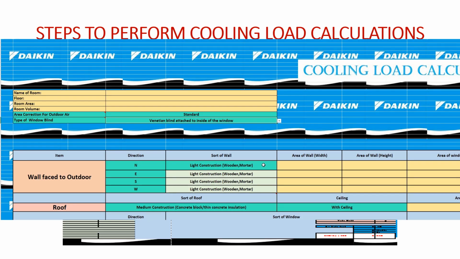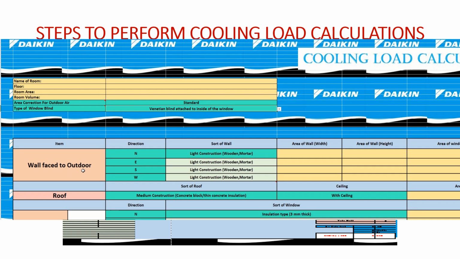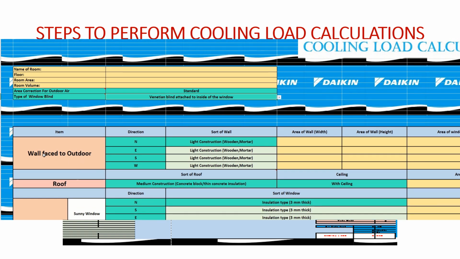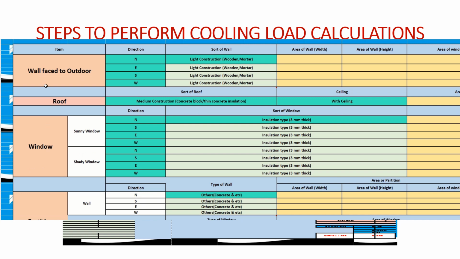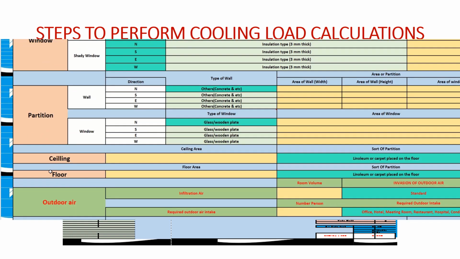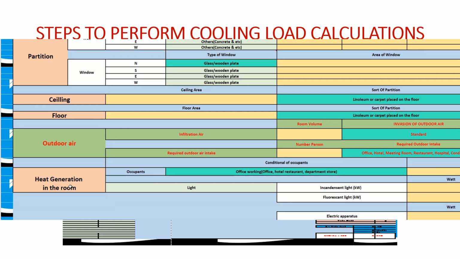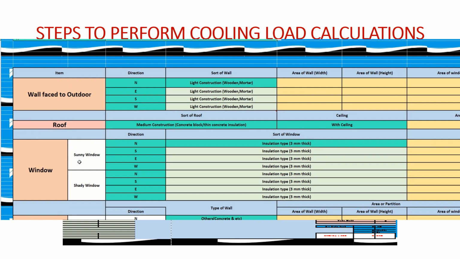As you can see here, the cooling load calculator for Daikin. For here, we start from the items. We have many items here, which are wall facing outdoor, roof, window, partition, ceiling, floor, outdoor air, and heat generation in the room. So what we are going to do first is select the wall facing outdoor.